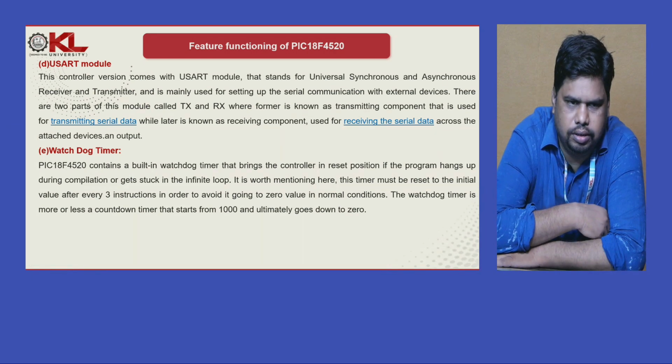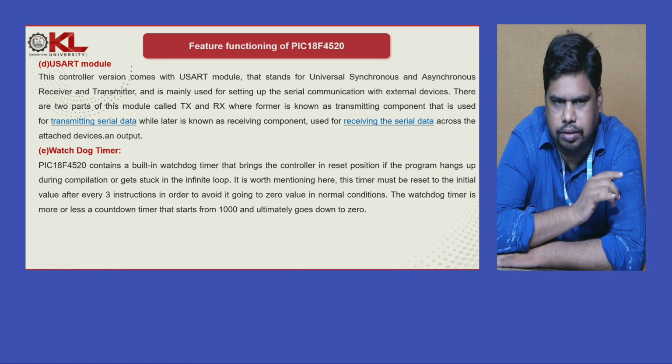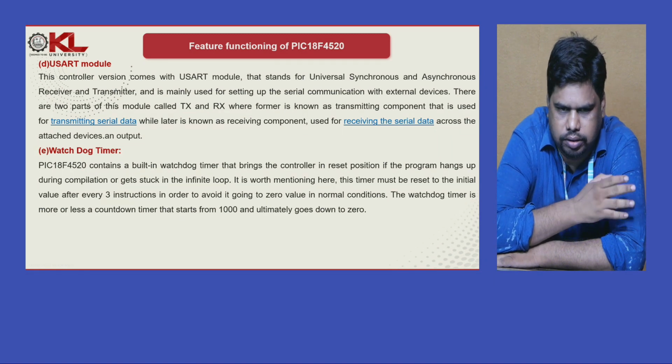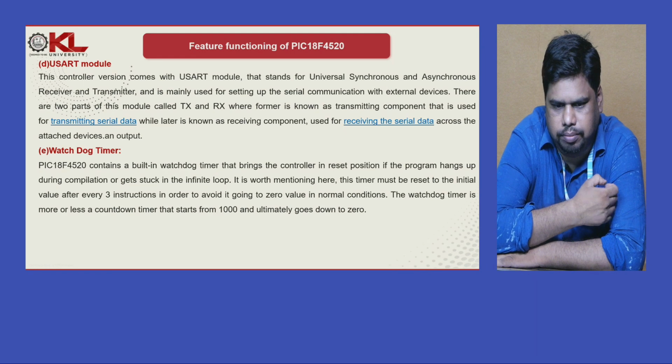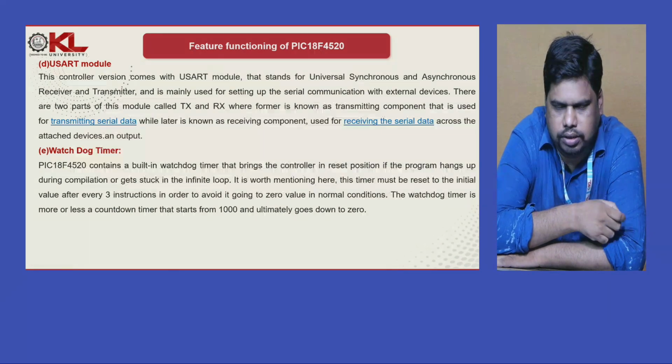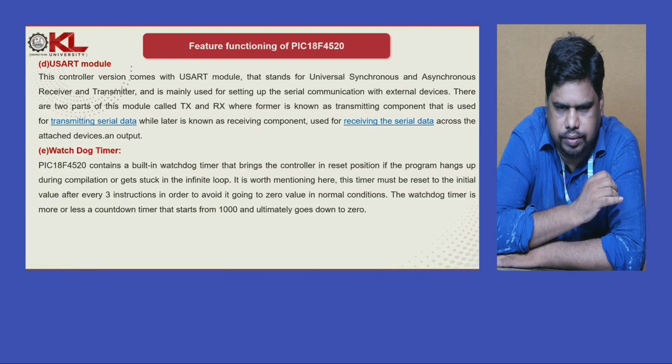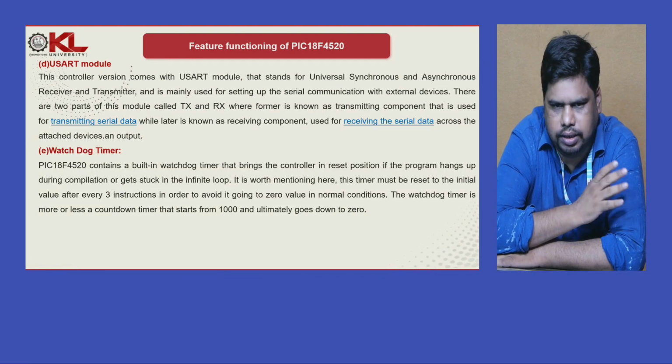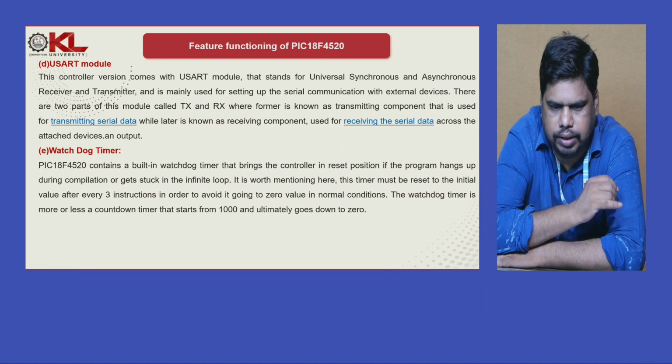Inside the processor many things communicate in parallel mode, but to communicate with external peripheral devices in parallel mode, many wires would be used, so serial communication works bit by bit.